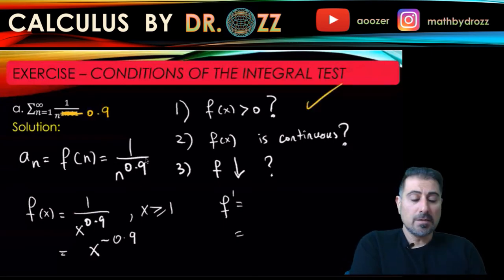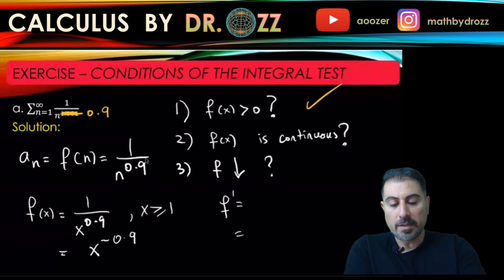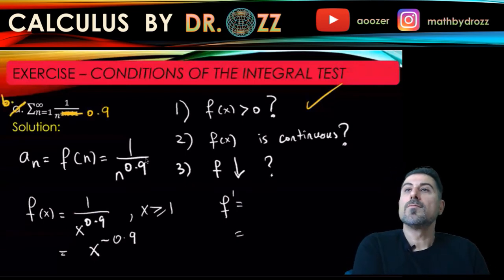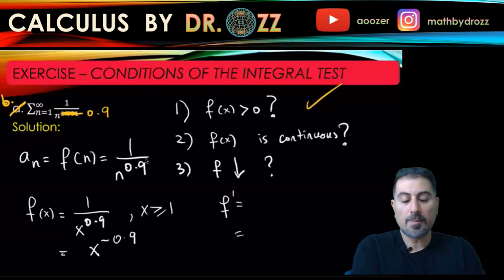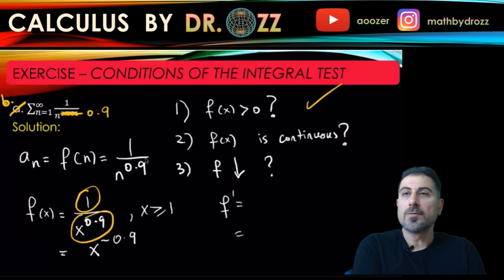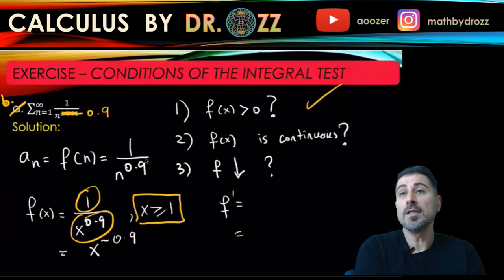And same as the continuity argument in the previous part. This is part B, by the way, right? So now I have 1, the top, to be continuous, the bottom to be continuous. So the quotient is continuous as long as x is not equal to 0, but we're safe because x is greater than or equal to 1. So I can put a check mark here.